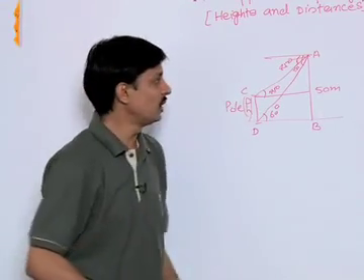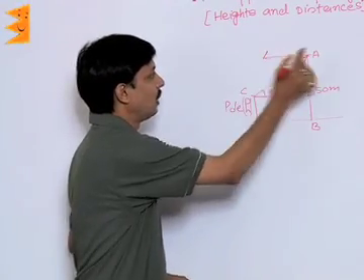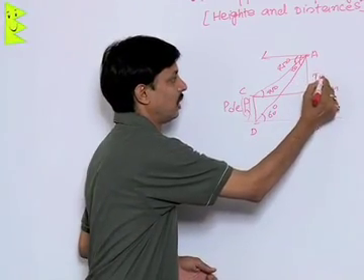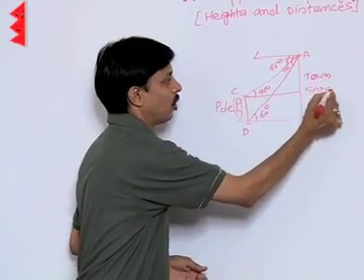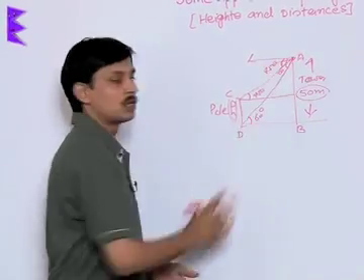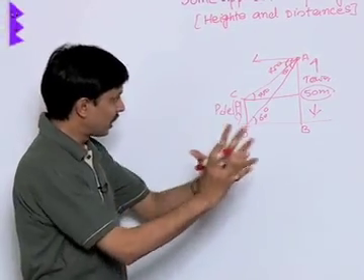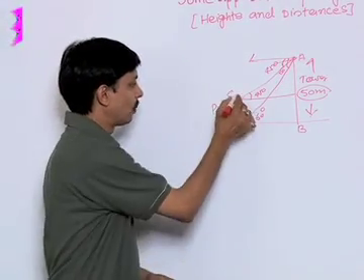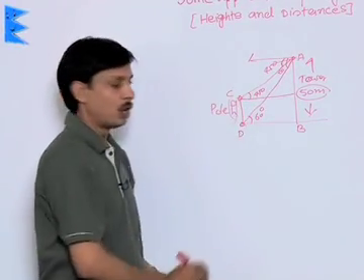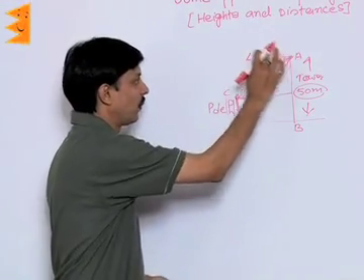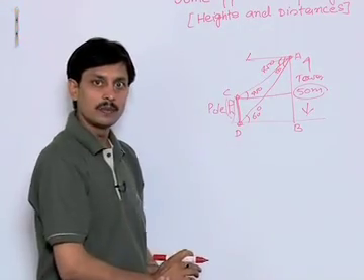So what is the situation? The situation is AB is a tower. We can write AB is the tower of height 50 meters, and from the top of this tower, a person is observing the angles of depression of the top and bottom of a pole of height h meters as 45 degree and 60 degree.